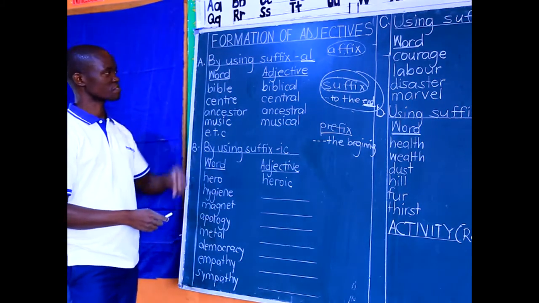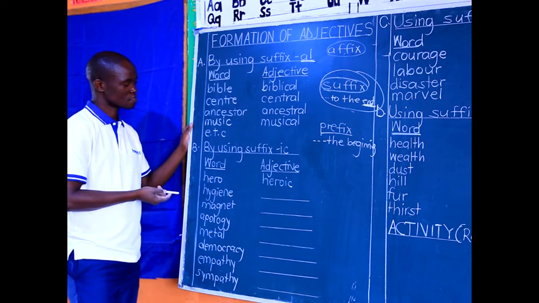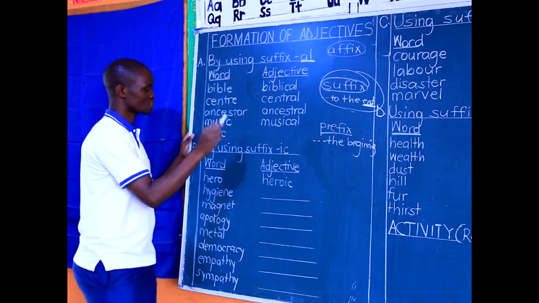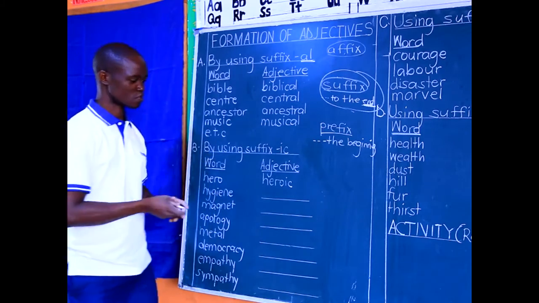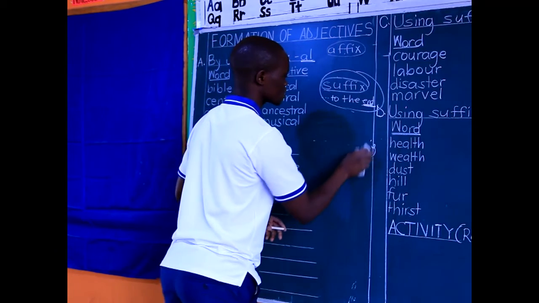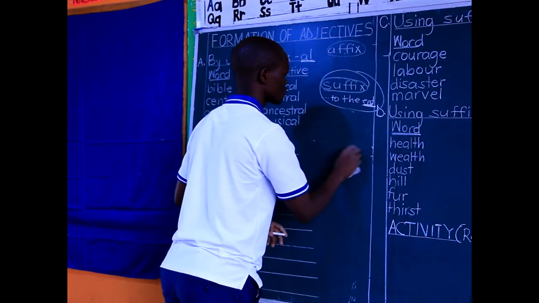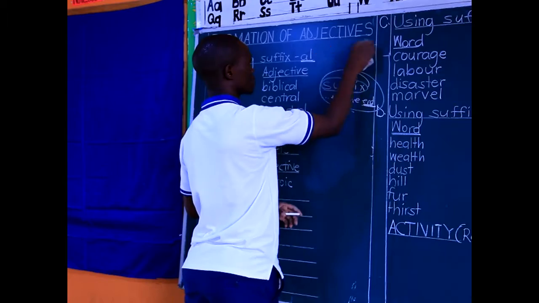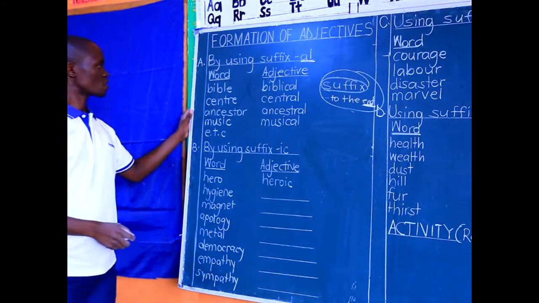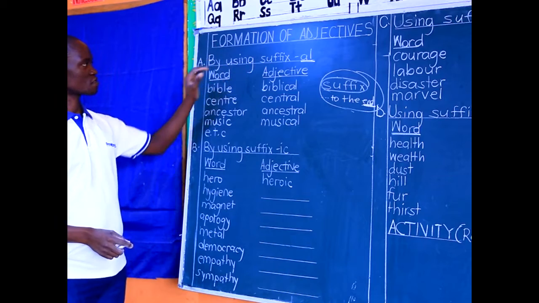That's why most of the lists we have here end in etc, meaning, and so on. So there are many other adjectives you can think of that end in suffix al, as in our heading.